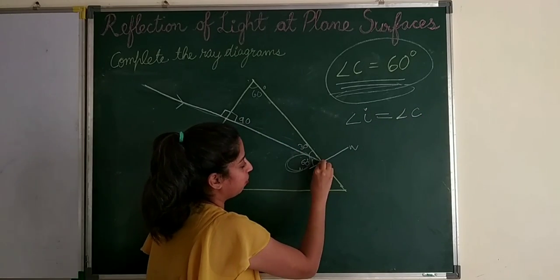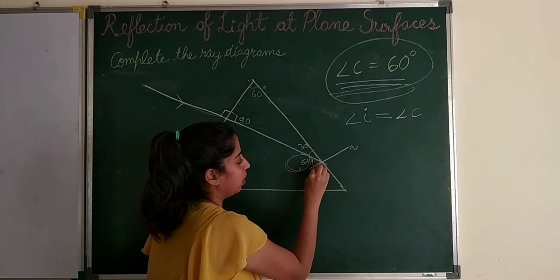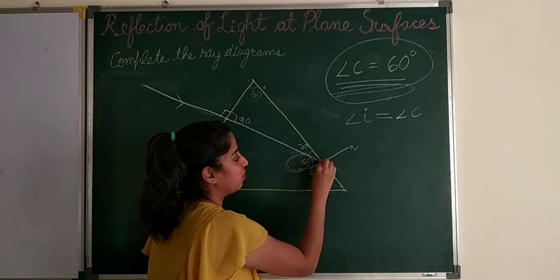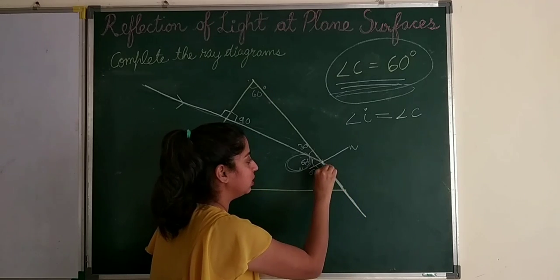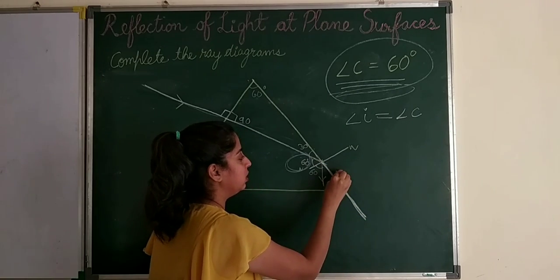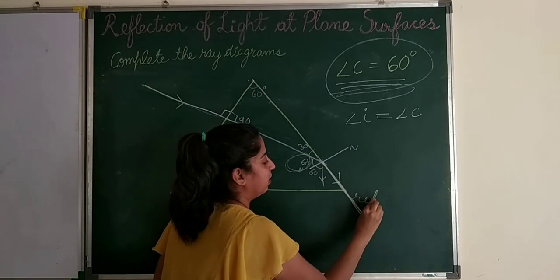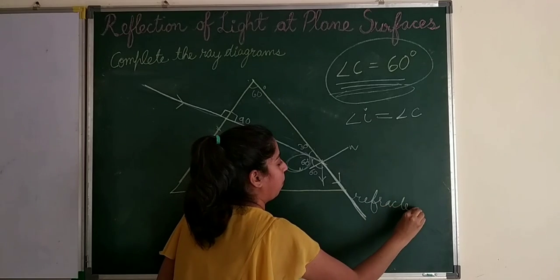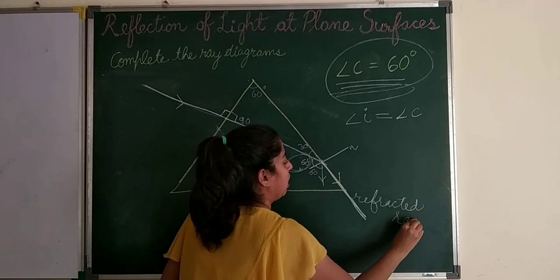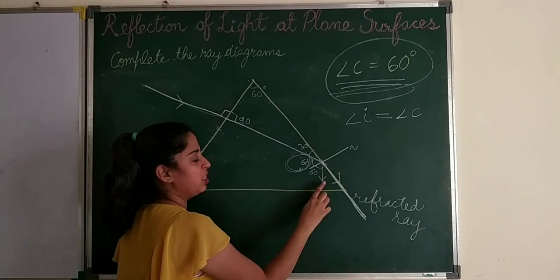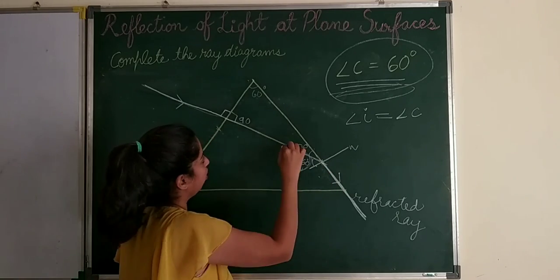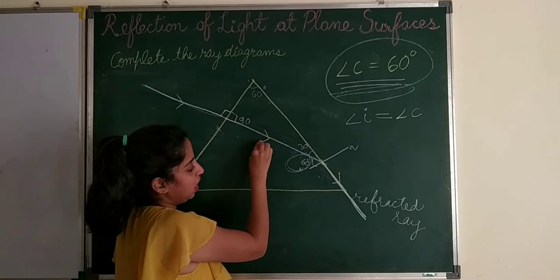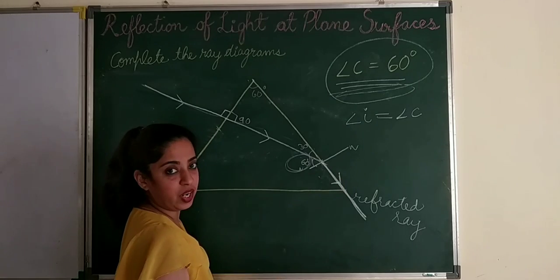Here it will reflect at 60 also. It will reflect at 60 and it will refract along the surface. So one ray will be along the surface here. This is your refracted ray. Even if you don't draw this ray, it is completely okay. You just make an arrow here, make an arrow here, and this is the refracted ray.